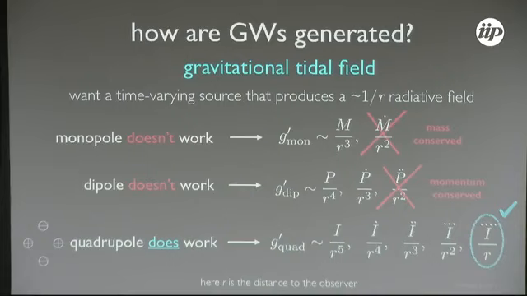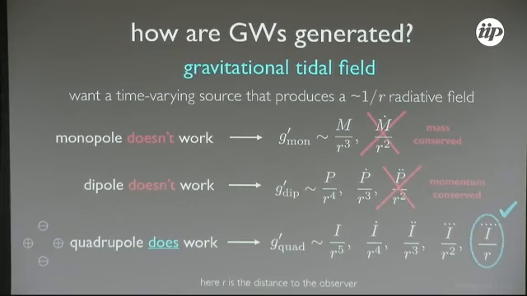So the same thing, if you start with a single mass, then the gradient of a single mass will fall as 1 over r cubed. If you take one derivative, you get r squared, but you can't do it because mass is conserved. So you stop here and you try the dipole. Two masses, or an excess of mass and a lack of mass, like plus and minus.